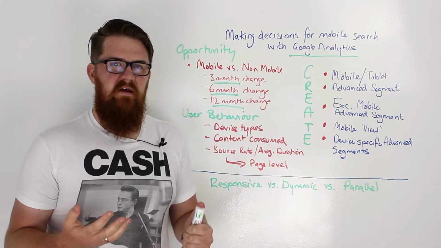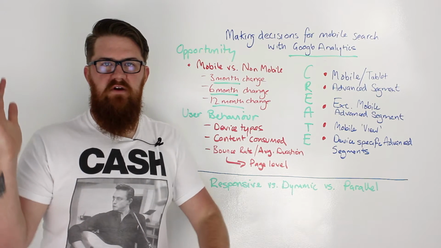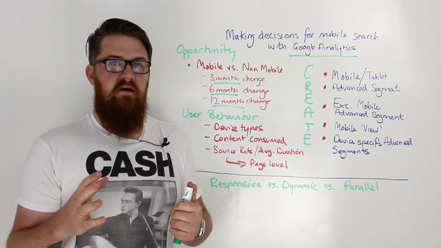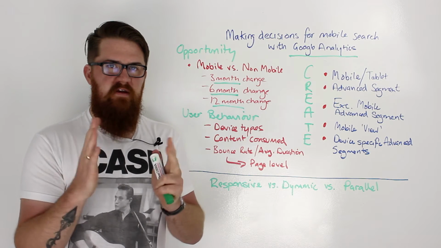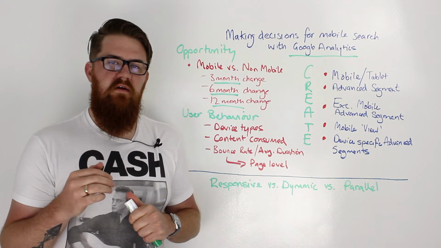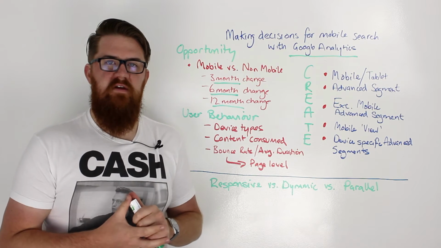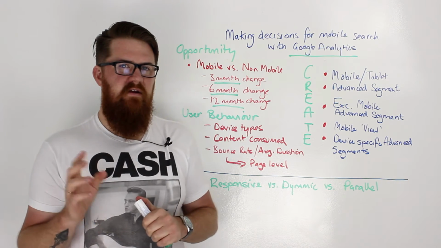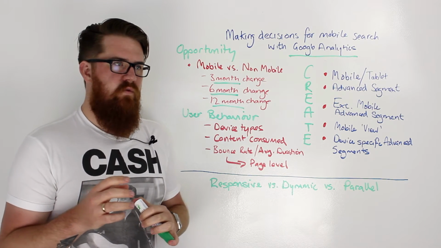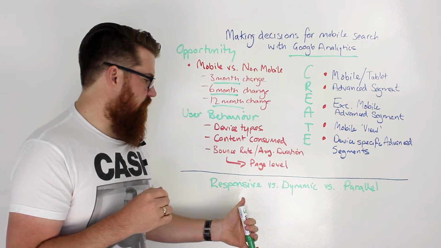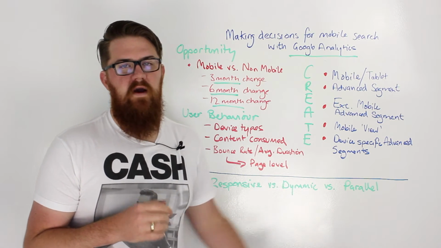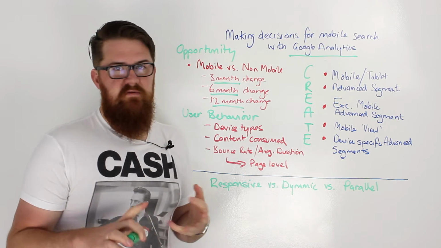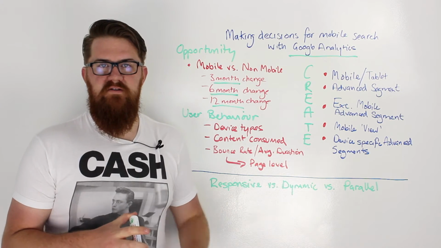It might well be that you've got a broad range of devices that are commonly accessing the site. There might be strategy cases where there's a very fixed small set of devices that are regularly driving traffic or using your site, and that's going to be quite interesting because you have a lot of pros and cons with the three main ways of serving content to mobile users, being responsive design, dynamic serving, or using a parallel solution.